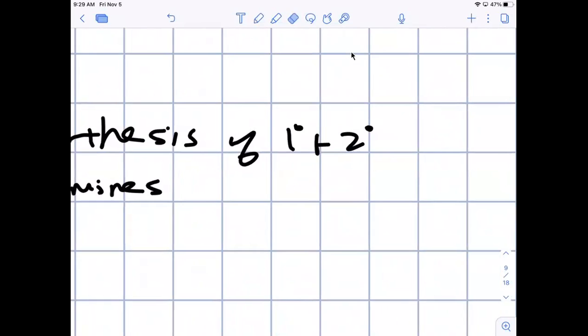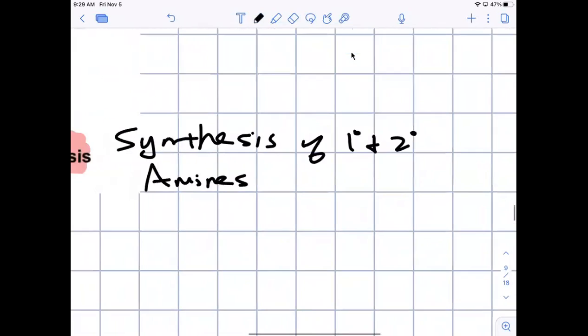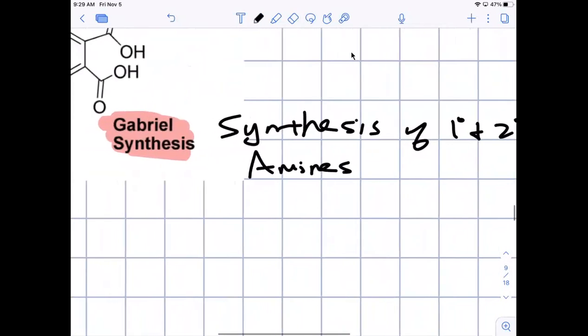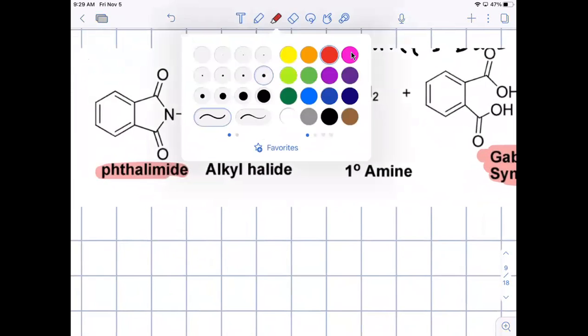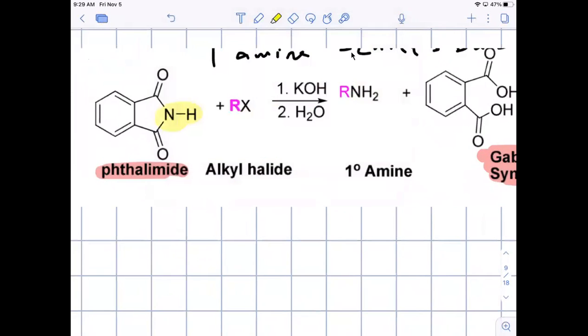And it's easy to spot because the reagents are very specific, right? You need phthalimide. This is actually where your nitrogen is going to come from. You can see that there's a nitrogen right here, right?